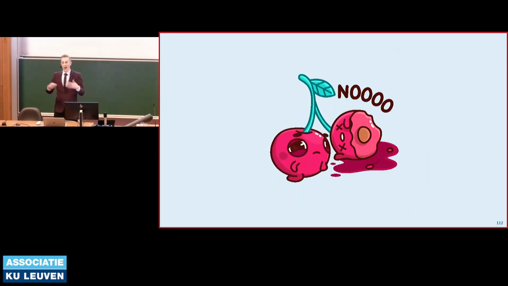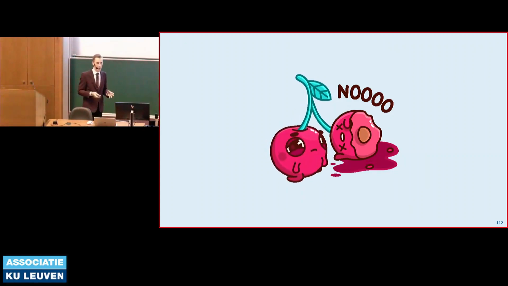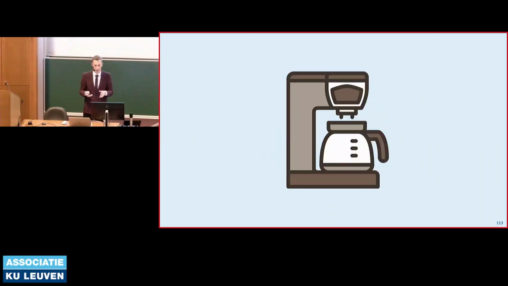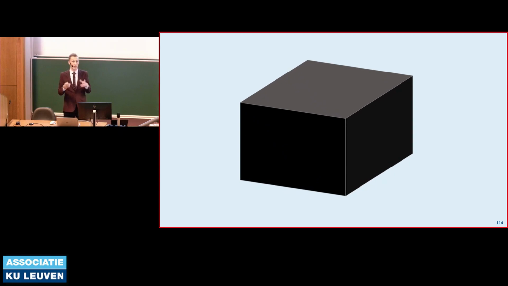No! Unfortunately, yes, but let me quickly recap what we've learned today, because I've been talking for a long time. First, AI models are like coffee machines. You put something in, something happens, something comes out. These coffee machines are often black boxes. We don't know what happens inside them, so we need tailored explanations.